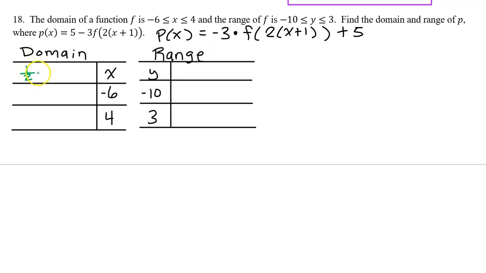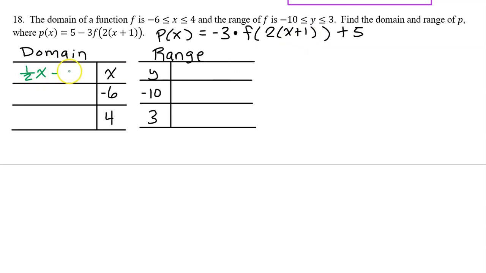Alright, the horizontal transformations are always the opposite of the way they appear in the equation. So 2 becomes a factor of 1/2. And similarly, the translation caused by this positive 1 will actually be a horizontal translation of -1 unit.